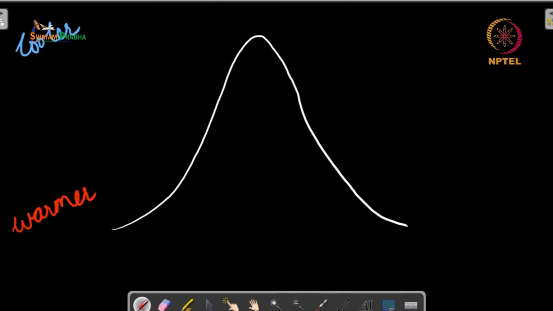Now consider a species that requires a temperature of somewhere here. So it cannot survive in very hot conditions, it cannot survive in very cold conditions. But now you are increasing the temperature of the earth. And so with the increase in temperature, this point is now warming up.